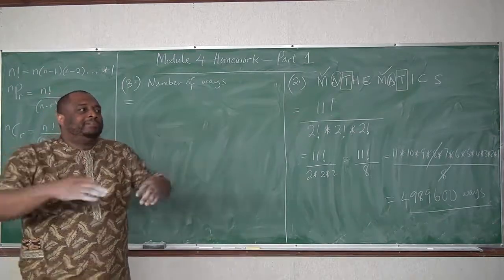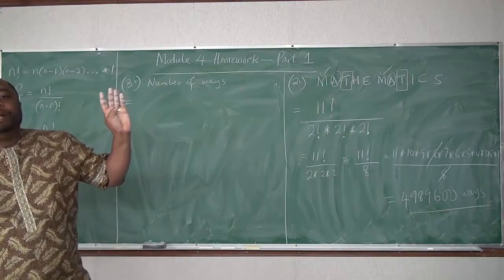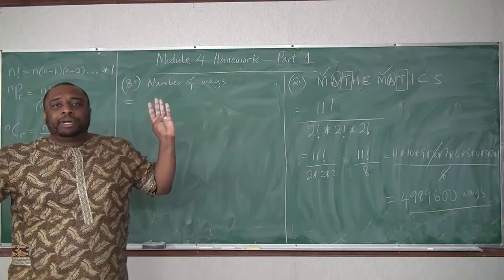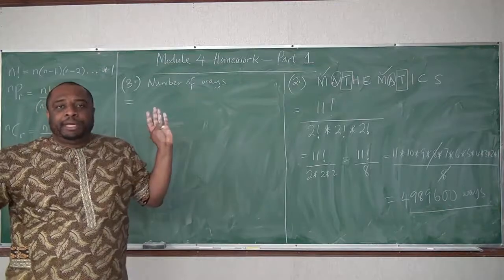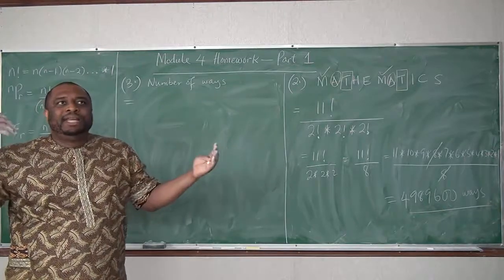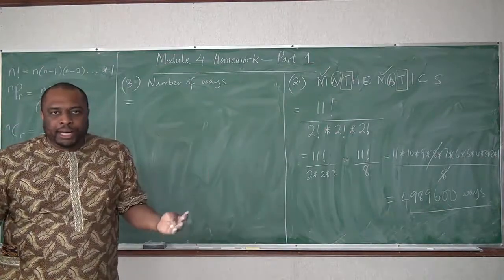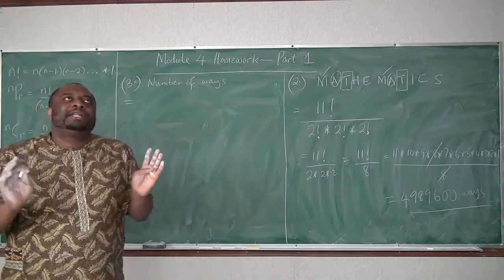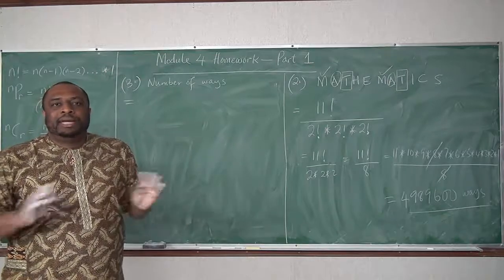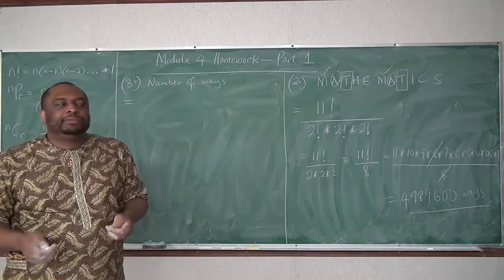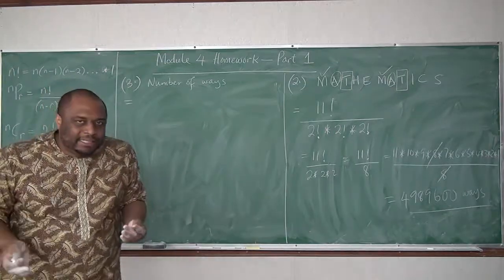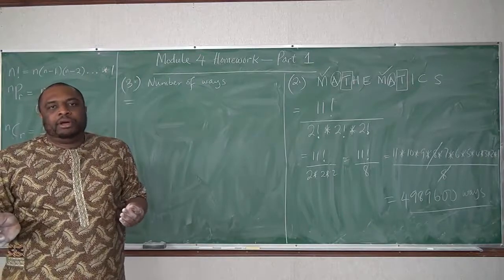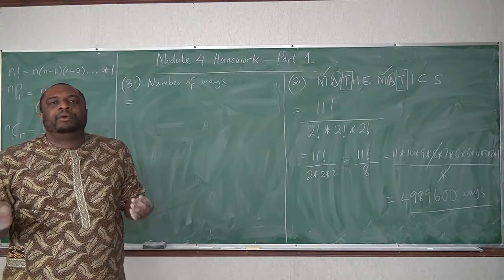We're given a group of 16 Republicans and 7 Democrats, and we just have to form a committee from that group. So it is without regards to order. If it's without regards to order of selection, it is combination. If it is with regards to the order of selection or order of arrangement, we use permutation.